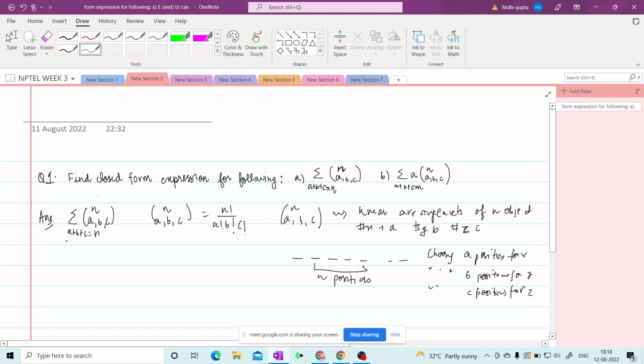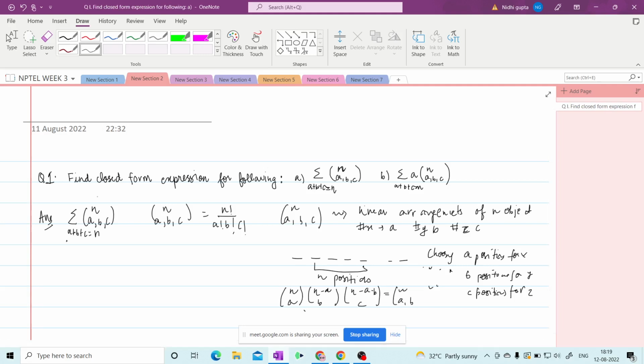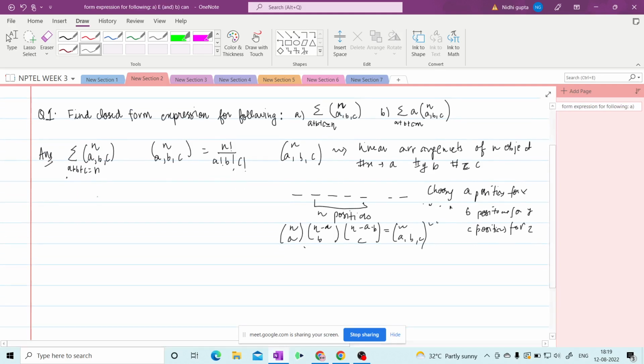And it is basically equal to n choose a, times n minus a choose b, times n minus a minus b choose c. And if you open these up, we can see that this will come out to be n choose a, b, c.